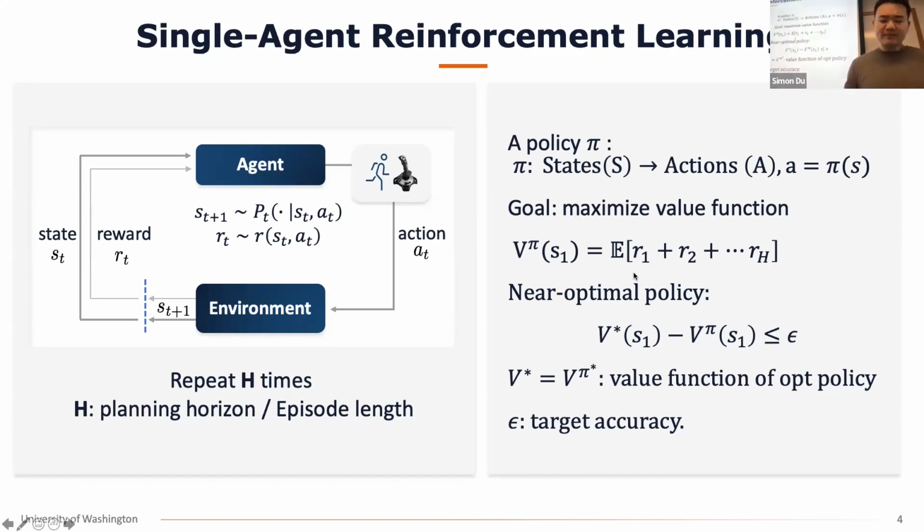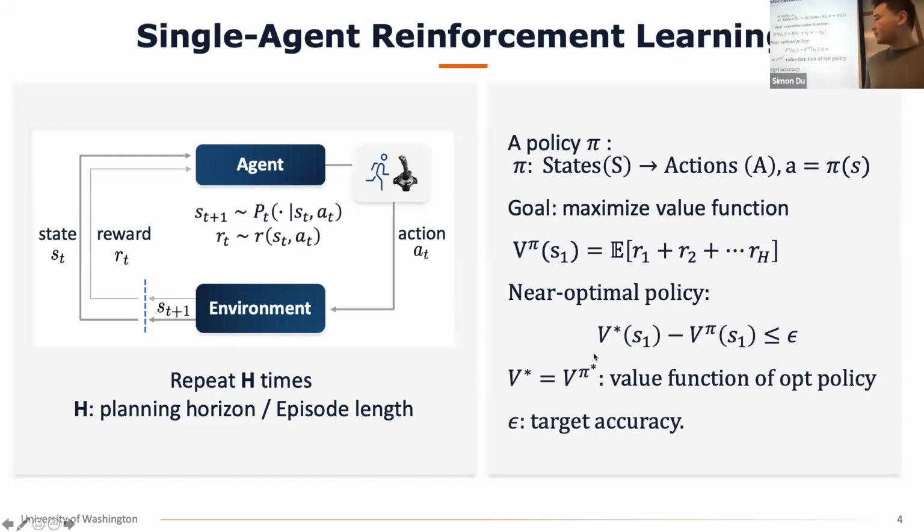In expectation. And our goal for this learning problem is to learn a near-optimal policy. We try to find a pi, which is our policy, such that we output this pi and its value, V^pi(s_1), is very close to the optimal value function, the maximum possible expected reward you can receive.